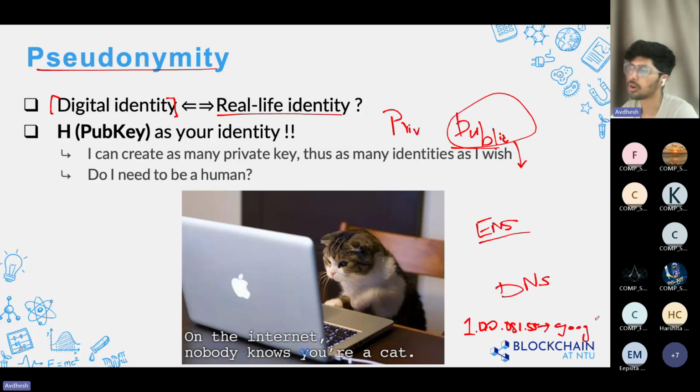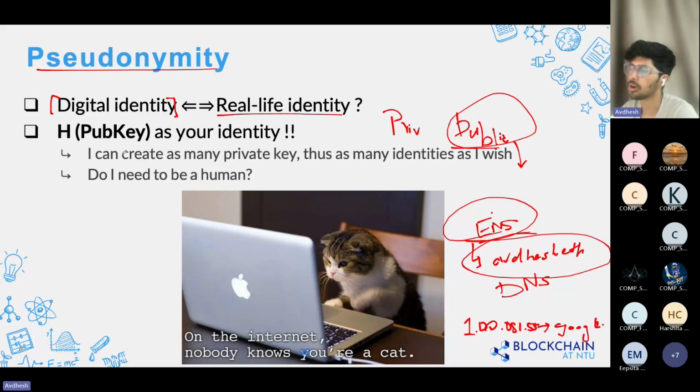It's the same with ENS, the Ethereum Name Service, where public addresses are linked to something like avdesh.eth. So my public address is linked to this ENS, which is the full form. This is currently just for Ethereum, and other blockchains like Algorand and Solana have their own domain name service as well.